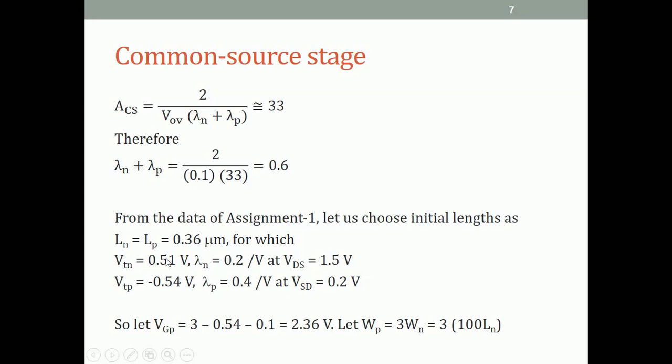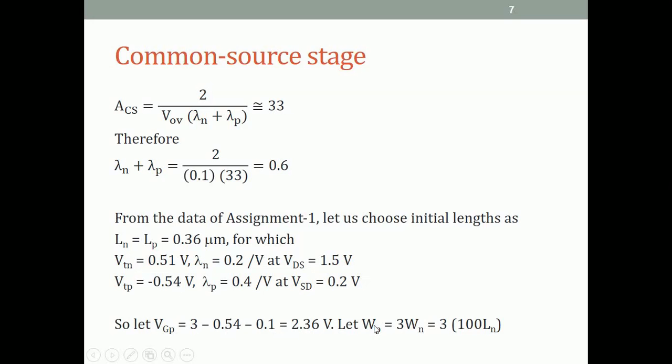And I have also written the threshold voltages for these lengths for the NMOS and PMOS, because these will determine our gate voltages. The gate voltage is the threshold plus the overdrive or minus the overdrive. So for the PMOS, the gate voltage is VDD minus the threshold minus the overdrive, so 2.36 volts.